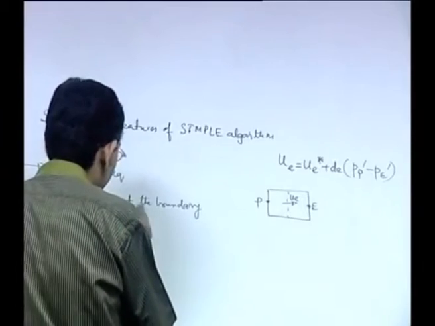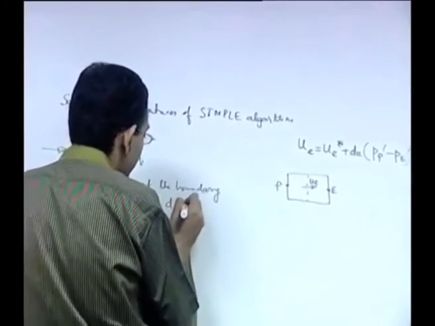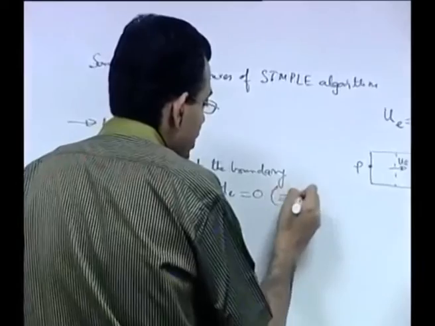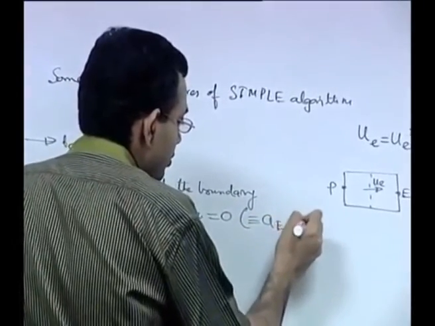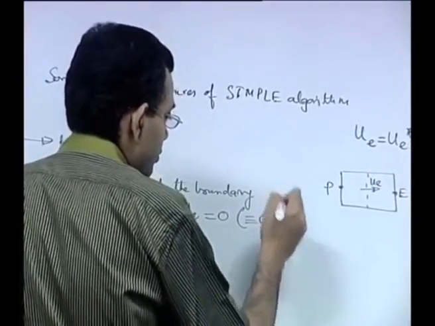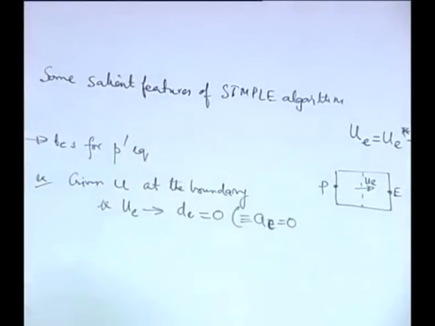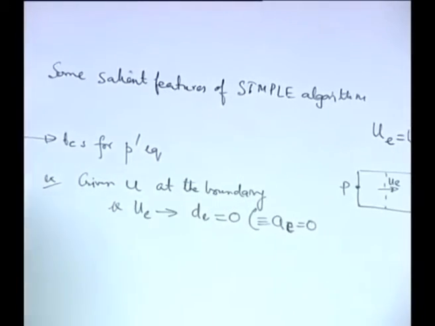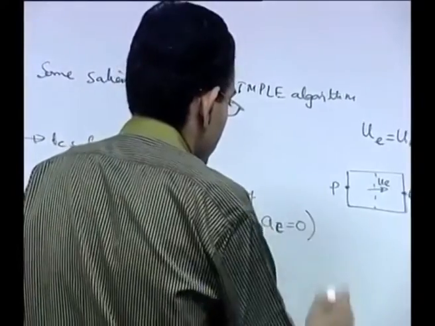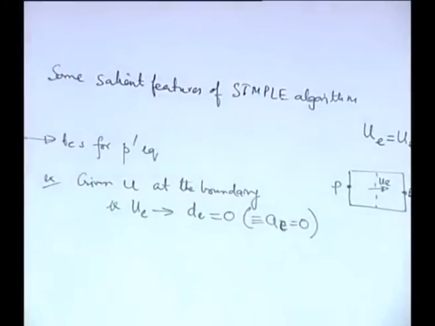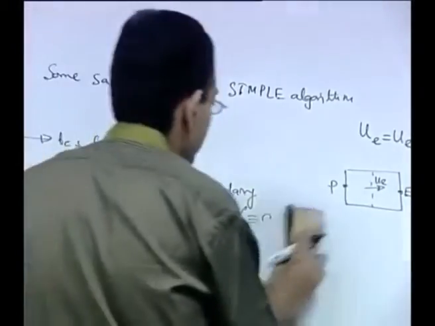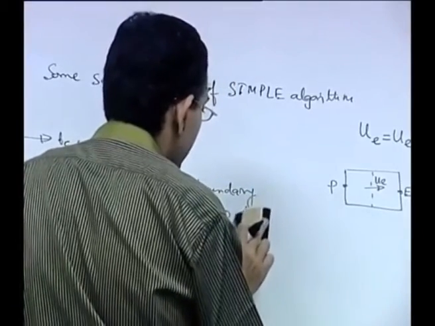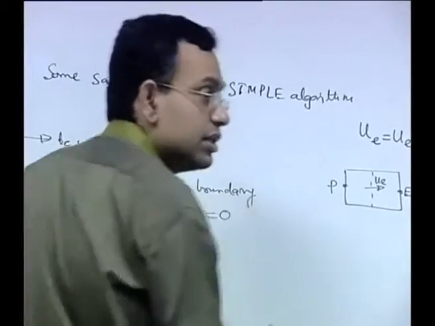Example ue, then dE equal to 0, which is equivalent to AE equal to 0. Or it is better to say dE equal to 0, because it directly covers the case without going through the original coefficients.